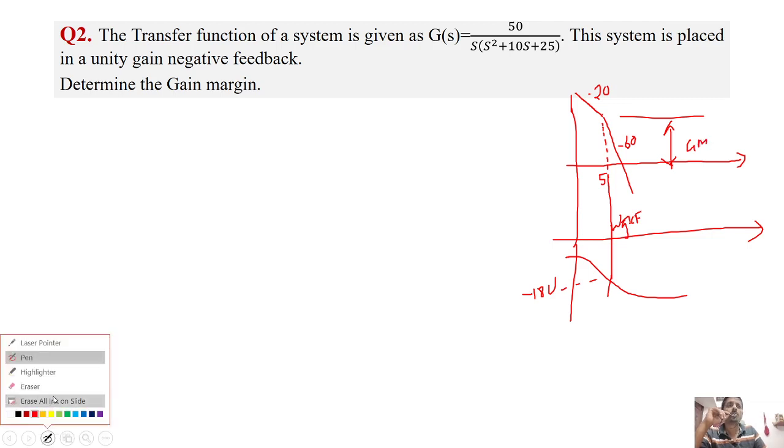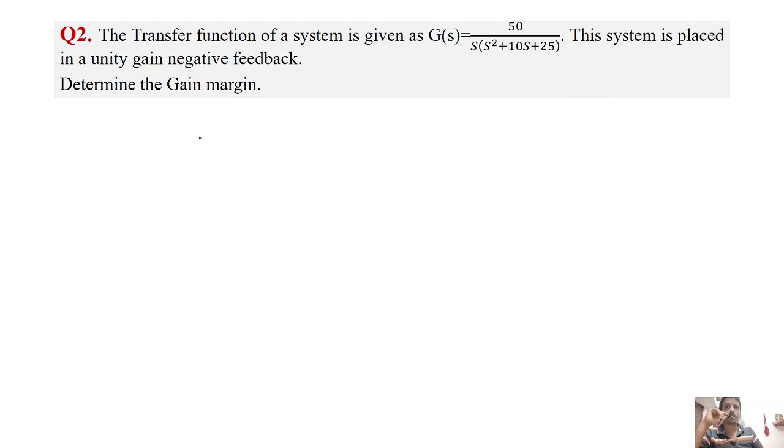We have already found the phase crossover frequency, and we'll substitute that here. So before that, what is the gain here? Gain from G of s. G of s, we have already written as 50 by s into s plus 5 into s plus 5. So what is G of j omega gain?